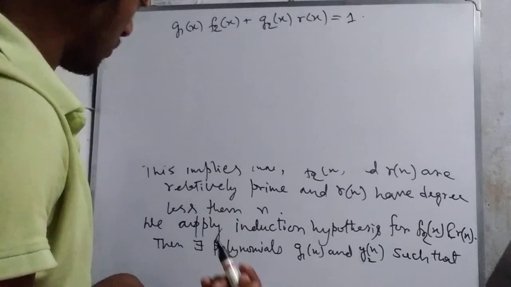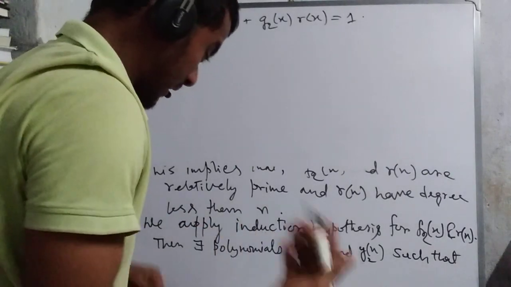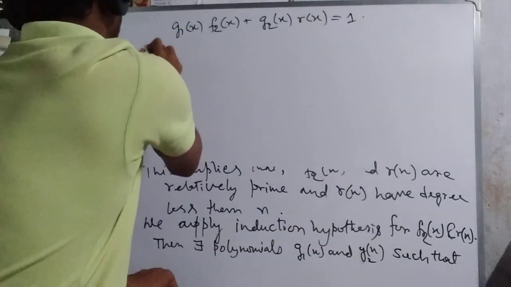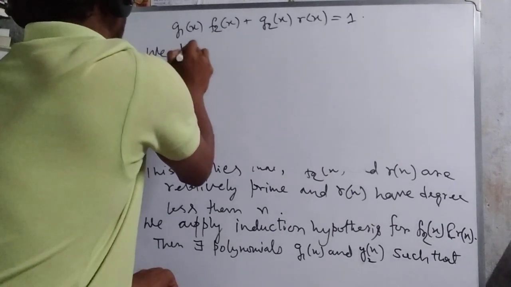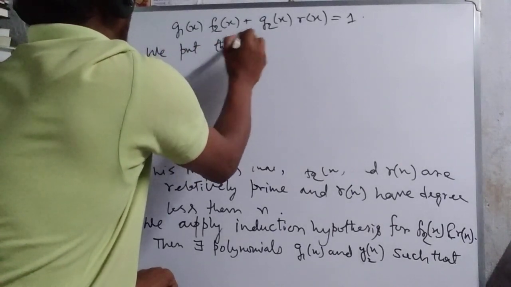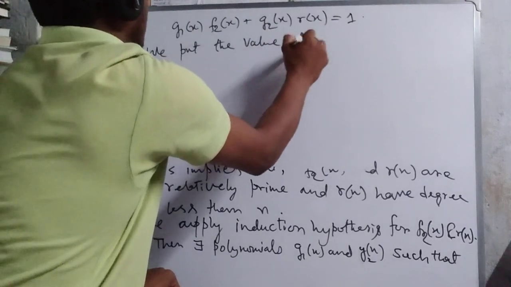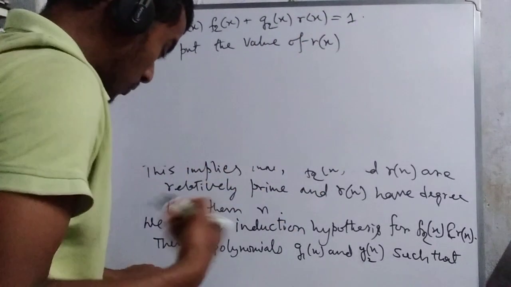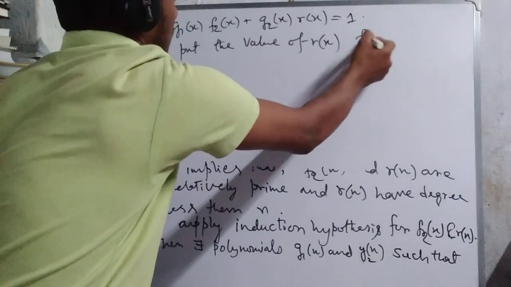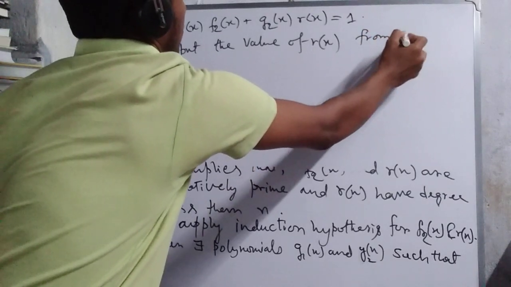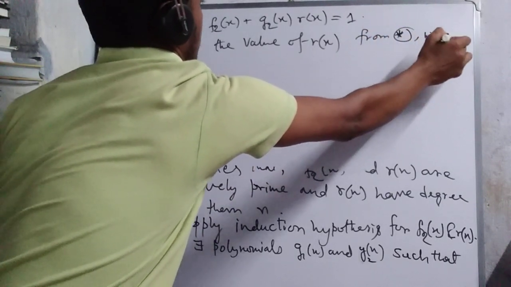Now we put the value of r(x) from the star equation.